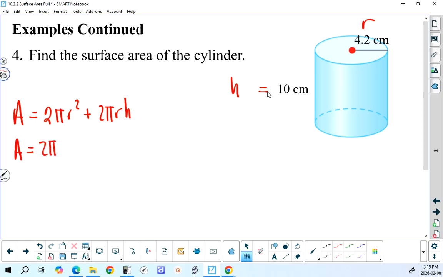2 pi times 4.2 squared. This will be the area of the top and the bottom. Plus 2 pi times 4.2 times 10. This will be the area of the wrapping around the top and the bottom. So 2 pi r squared plus 2 pi rh, that's it.